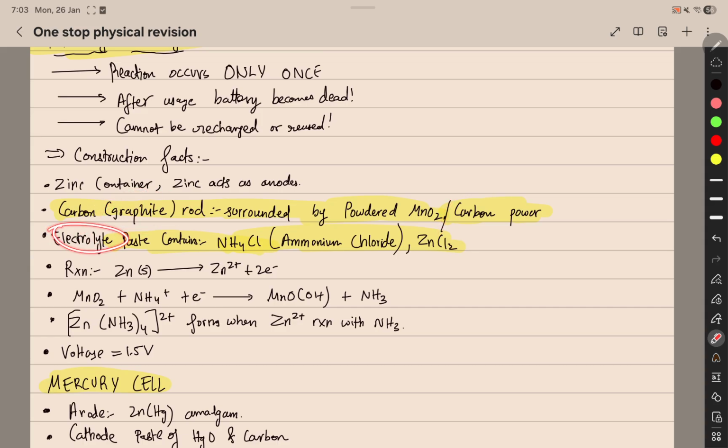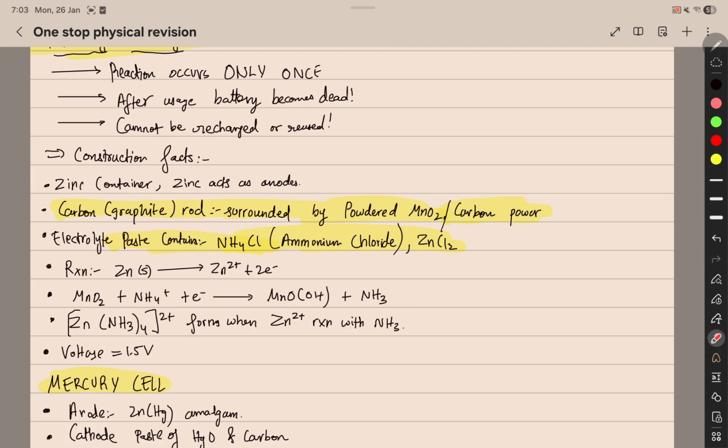The electrolytic paste contains NH4Cl and ZnCl2. The reaction is zinc becomes Zn2+ plus 2 electrons, and you have MnO2 with NH4+ gaining an electron. Obviously it's the cathode. So it becomes MnOOH, and as far as I remember this is called hydrated manganese oxide or something, from salt analysis, and I think it's a brown colored thing.